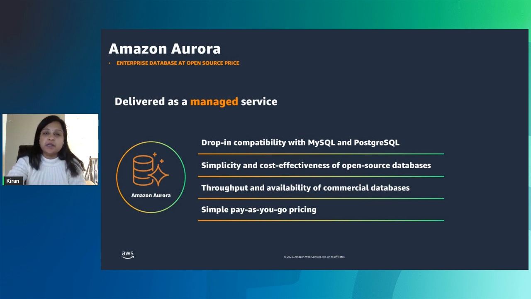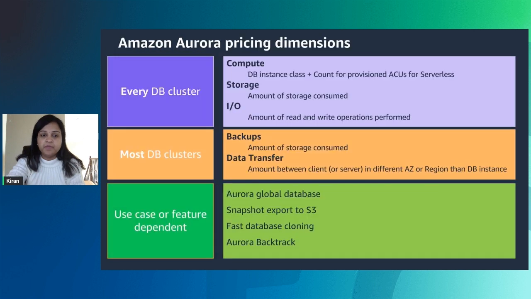With these two engines, if your instances are running on them, you don't need to rewrite the code. You can simply bring those instances up on Amazon Aurora. And the last one is the licensing cost: there is no licensing cost for Aurora. You can simply bring your instances, as it offers a simple pay as you go model.